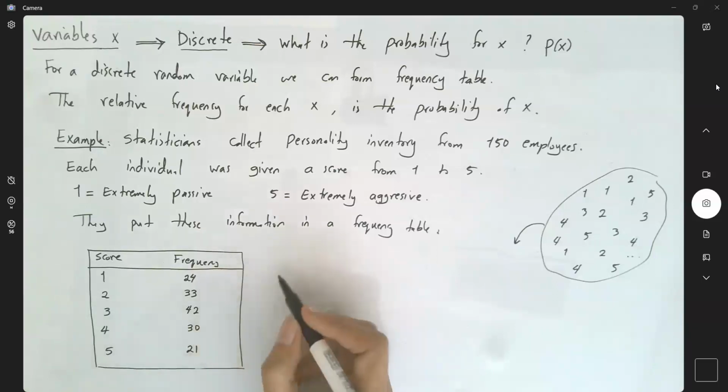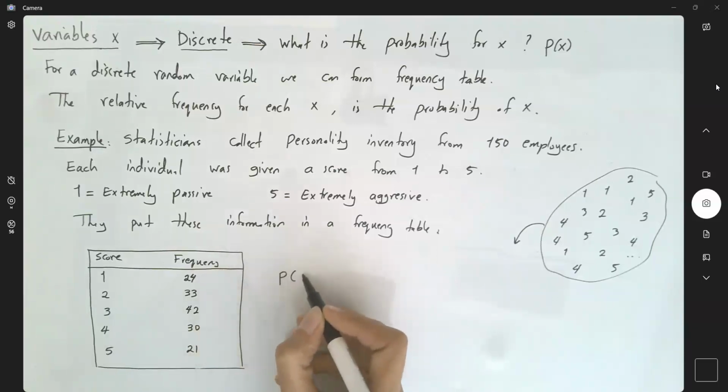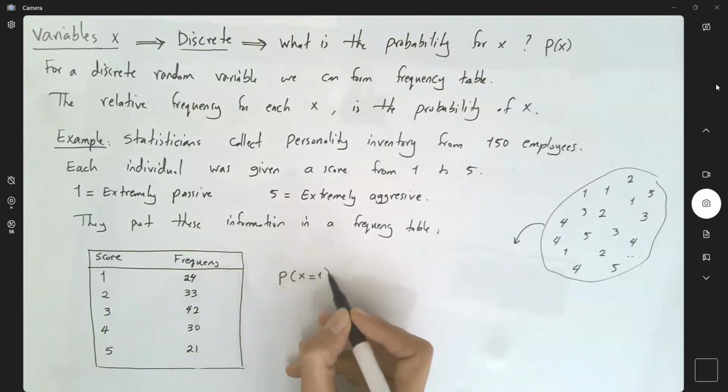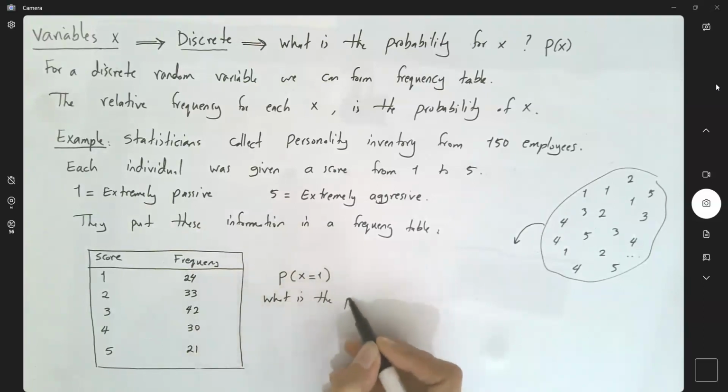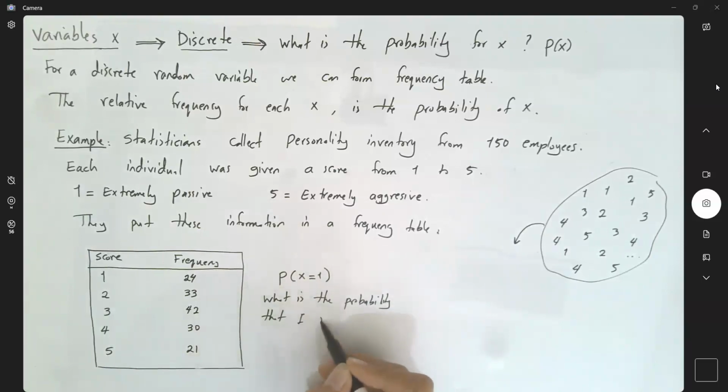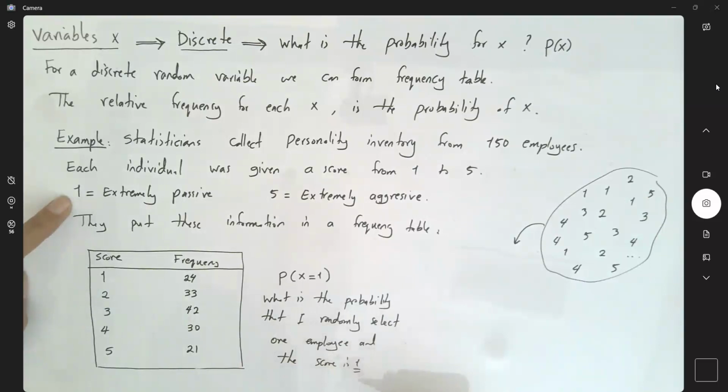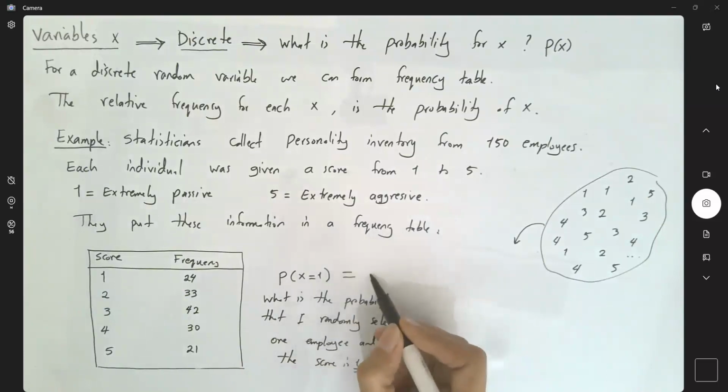Now, if I ask you, find the probability of X equals 1, I'm asking you, what is the probability that I randomly select one employee and the score is 1? It means that employee is extremely passive. What is that probability? To find this probability, we're going to form a fraction.